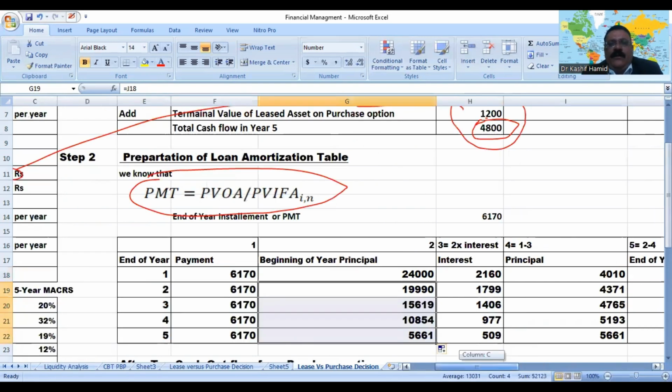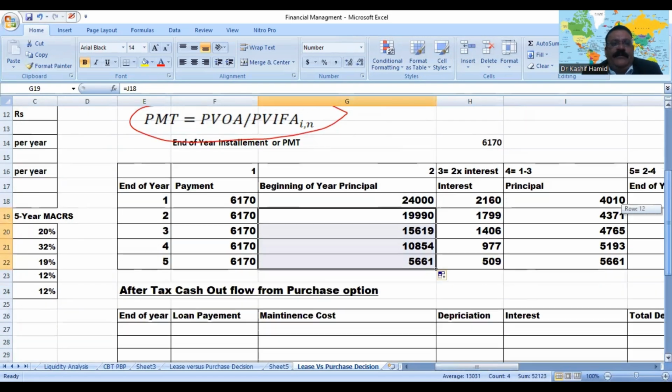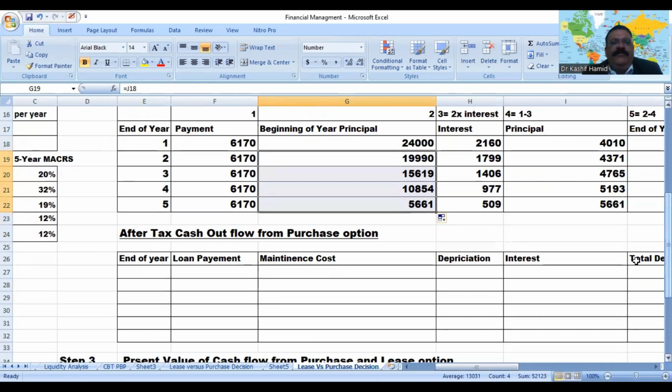Now, in the third step, we will compute the after-tax cash outflow from purchase option. We have in the same manner here 1, 2, 3, 4, and 5.